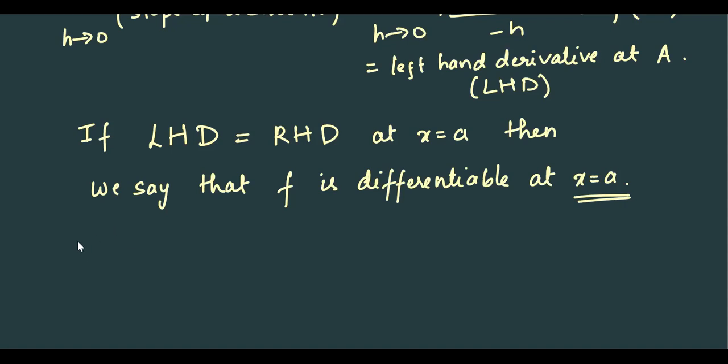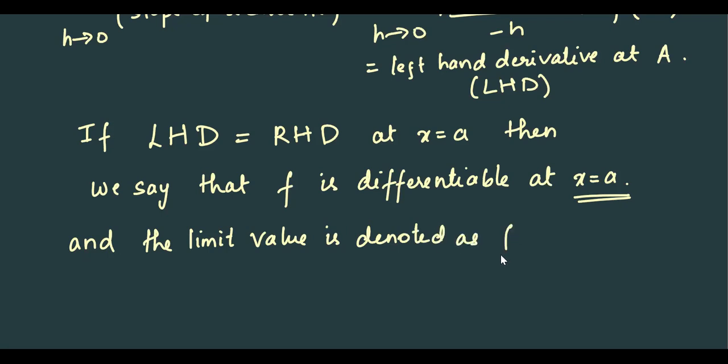Now the limit value is denoted as f dash a, which is the same as f dash of a plus and f dash of a minus.